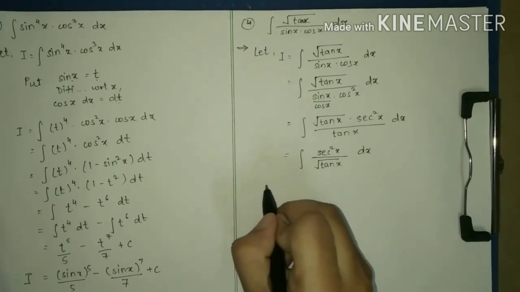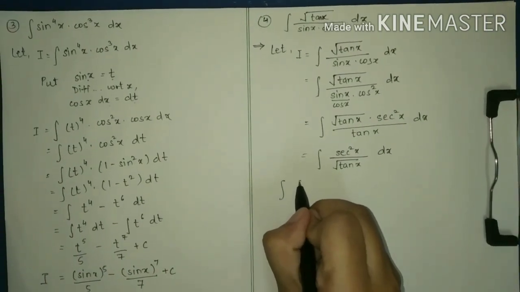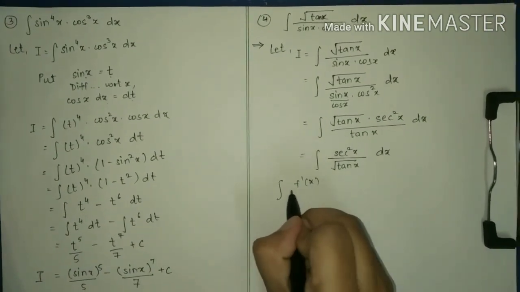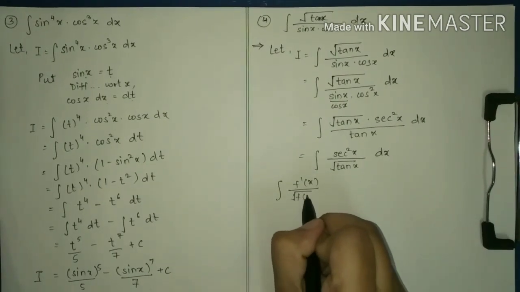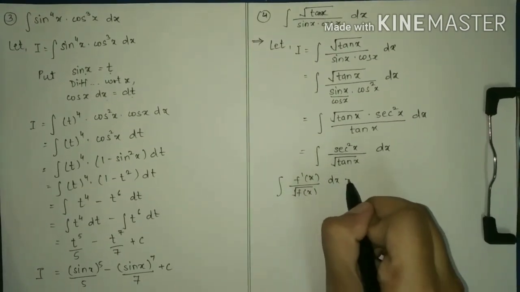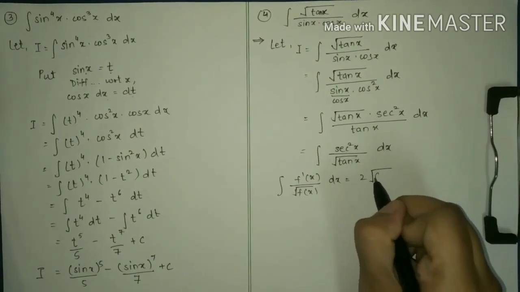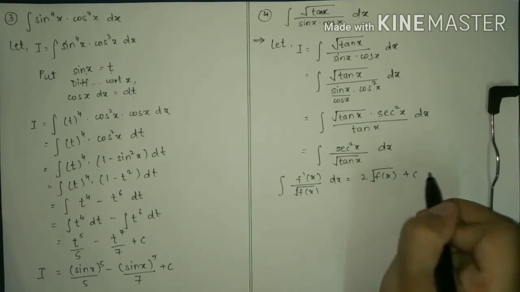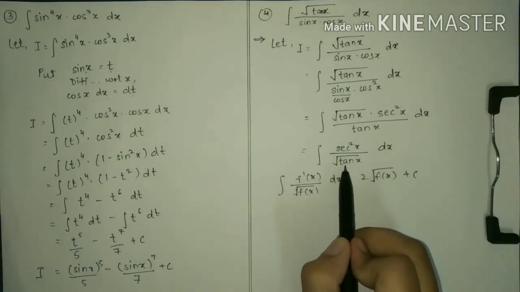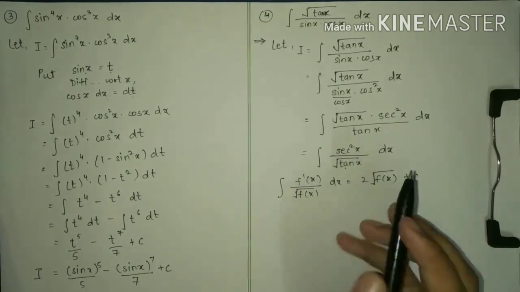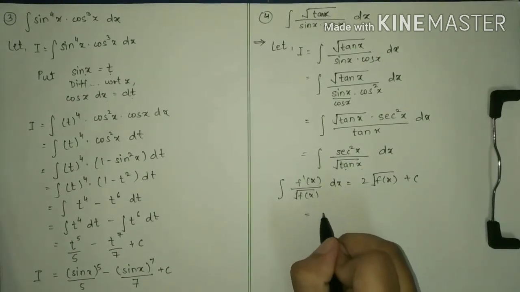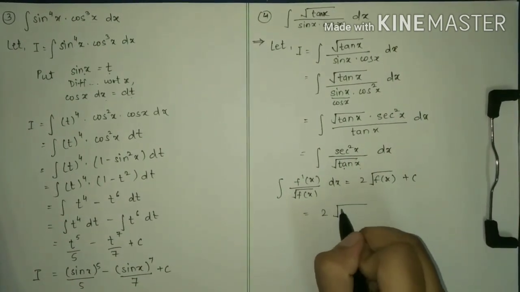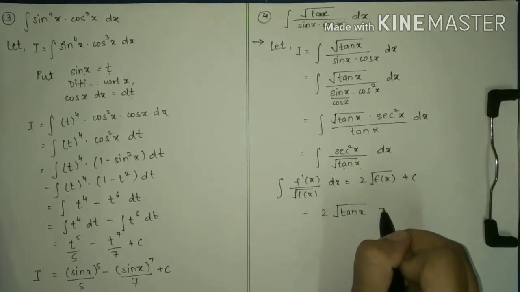Now we can apply this result: f dash of x upon root of f of x dx is equal to 2 root f of x plus c, because differentiation of tan x is secant square x. So the answer will be 2 root tan x plus c.